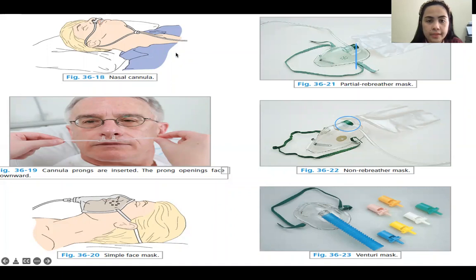If you exhale, okay, see, in this part there are two openings here. If you exhale, the air will come out there.